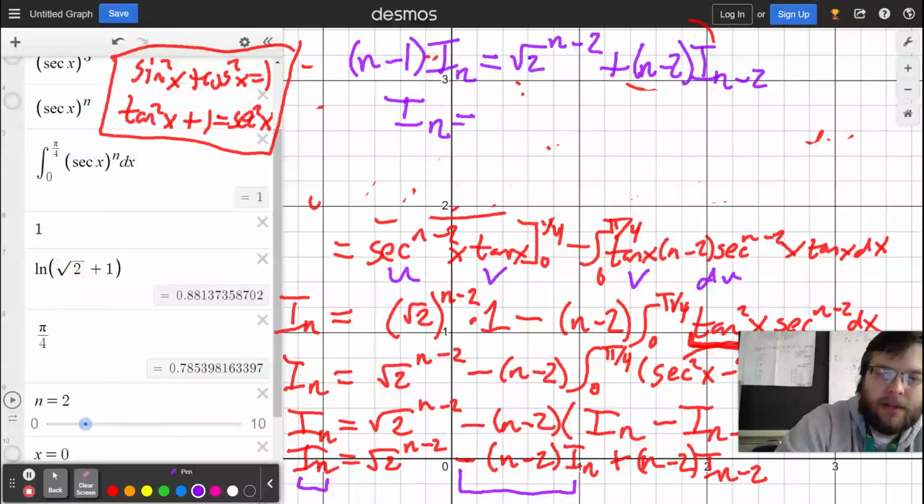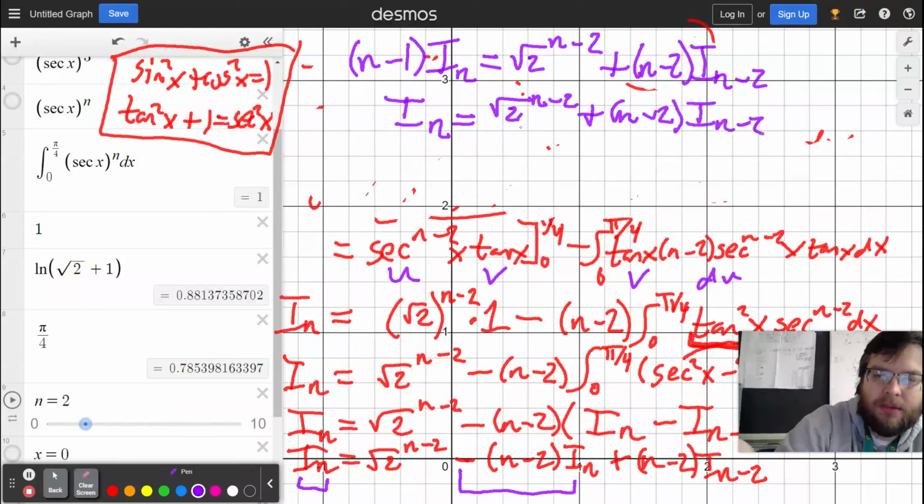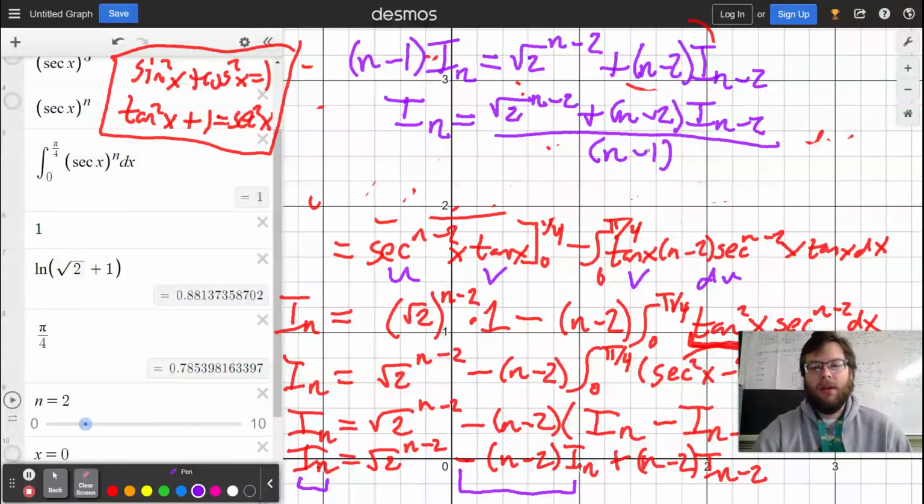So I sub n equals square root of 2 to the n minus 2 plus n minus 2 I sub n minus 2, all divided by n minus 1. Great.